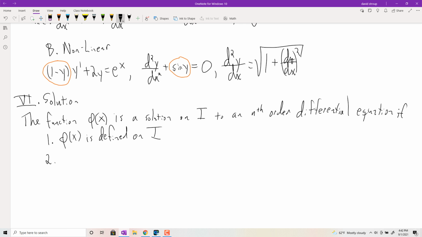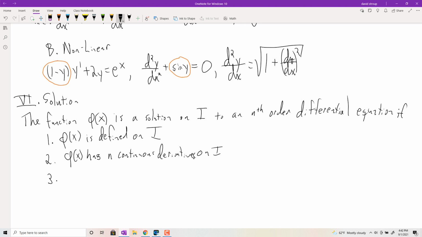But anyways, we need phi of x to be defined on I, and then we also need phi of x to have n continuous derivatives on I. So it's an nth order differential equation, so we need the n derivatives.